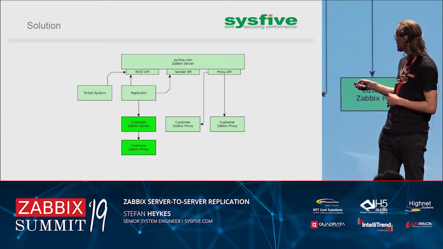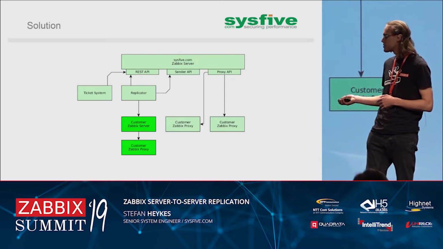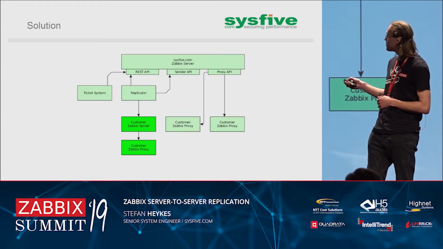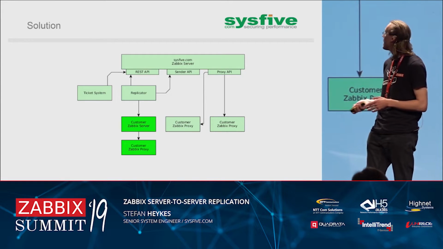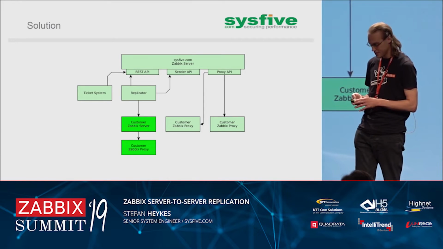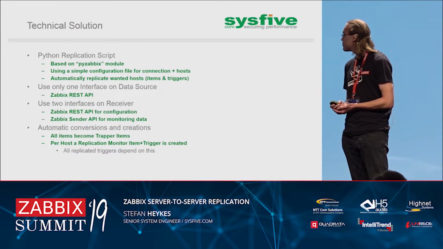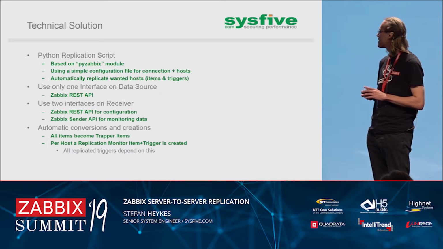And so our replicator is connecting to our customer Zabbix server, which can connect to Zabbix proxies attached to that. And we are using the REST API to replicate the configuration that we need, the items and the triggers. And we are using the Zabbix sender API for the actual data replication here. So this is done using a Python script, basically more or less a quick hack, if you like to call it that way.